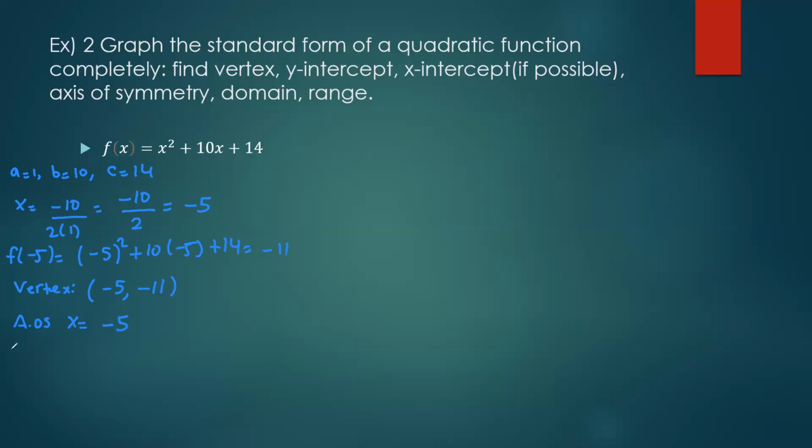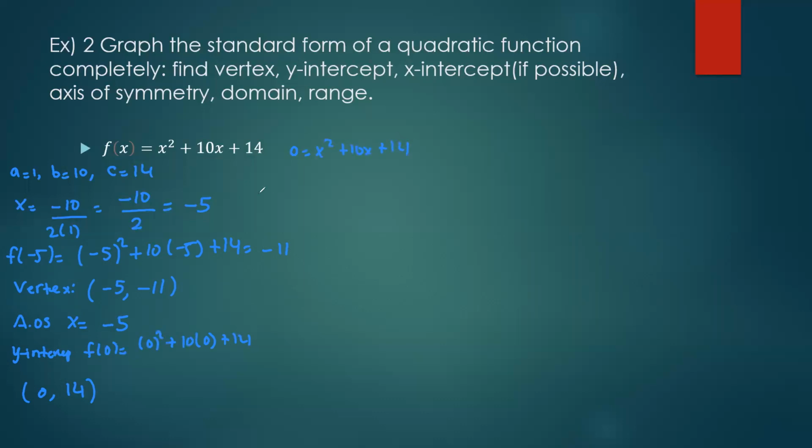And then let me find the y-intercept. The y-intercept is going to be f of 0, so it's just going to be 0, 14. Okay, and then let's find the x-intercept. So set y to 0.